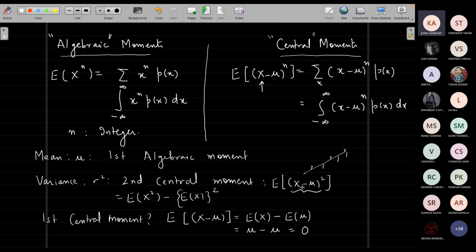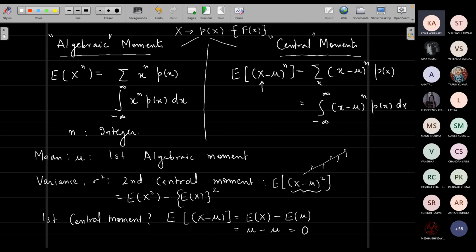Everything we do in our experiments related to finding out the means and the standard deviations is basically nothing but finding out the algebraic moments or the central moments of a given PDF. So at this point, I should summarize that we have defined a random variable. We have defined the PMF or the PDF of a random variable, along with, of course, our CDF.